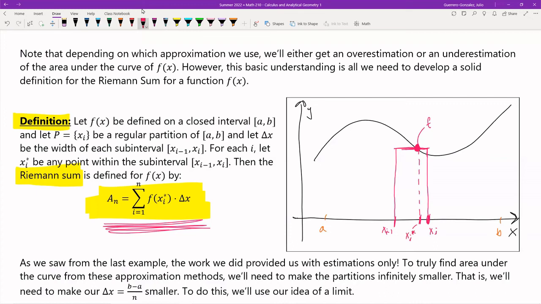The x_i star is a representative value within each subinterval. So the height of this box is f of x_i star, which makes the area of this box f of x_i star times delta x.